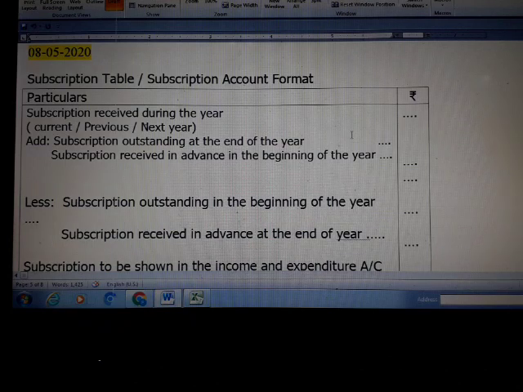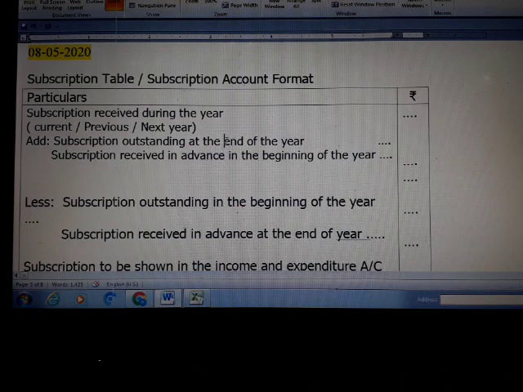Followed by that, we need to take certain items for addition and certain items for deletion, that is, additions and subtractions. The first item we will add is the subscription amount which is outstanding at the end of the year.